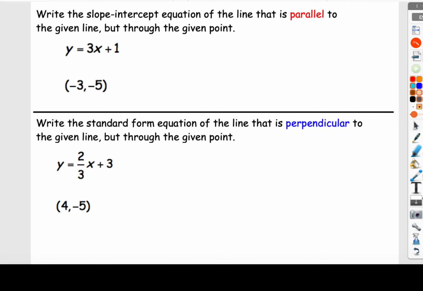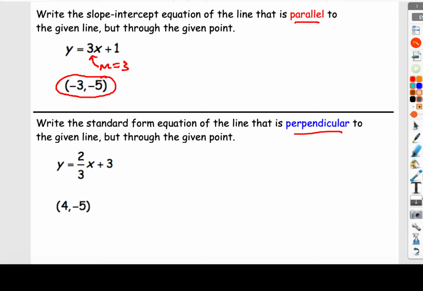Now, the more important type of equations that your book probably will ask you to do is finding the equation of a line that's parallel or perpendicular to an original. Well, if it's parallel, all we have to do is first identify the slope of the given line. For us right now, it would be 3, and we want to go through this other point.